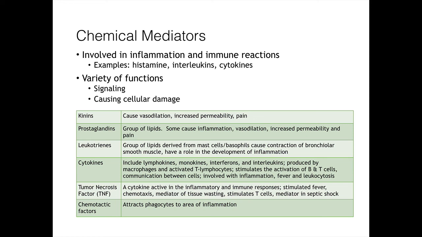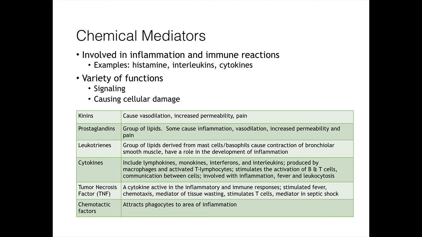So the kinins, and these are things you'll read about in literature. When they're released, they cause vasodilation, an increase in capillary permeability, and they can cause pain. The prostaglandins are a group of lipids, basically fatty acids that can be released from damaged cells, including mast cells.